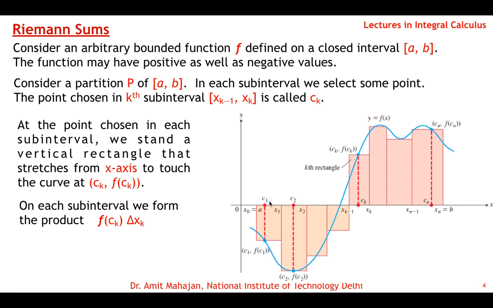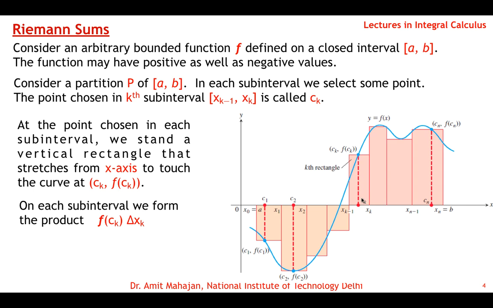So on each subinterval we calculate the product of the form f(ck) times delta xk. Okay, so that means for this kth subinterval, the function value f(ck), which will be this height, is multiplied with delta xk, which is this length of the subinterval.